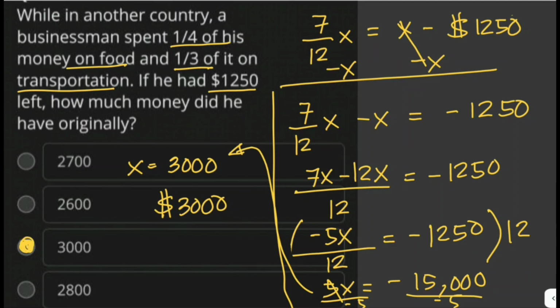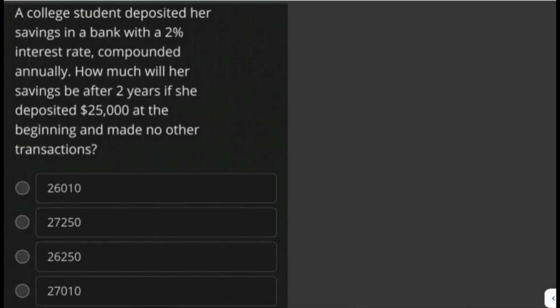A college student deposited her savings in a bank with a 2% interest rate, compounded annually. How much will her savings be after 2 years if she deposited $25,000 at the beginning and made no other transactions?